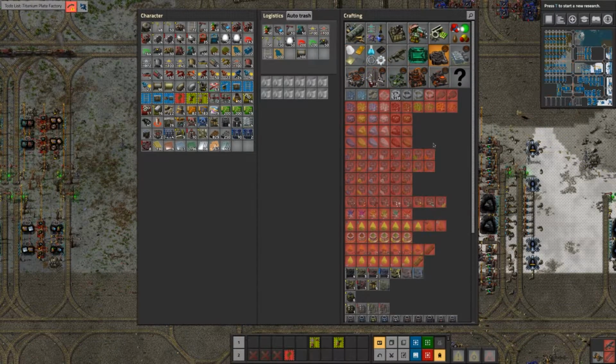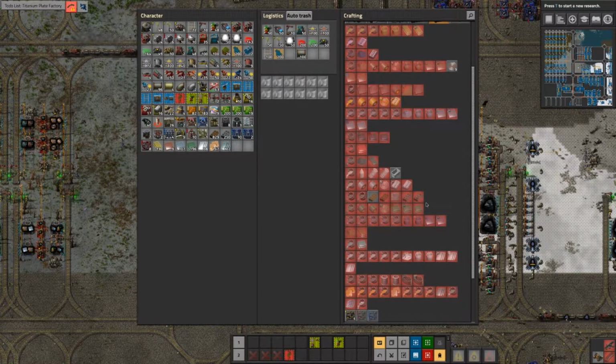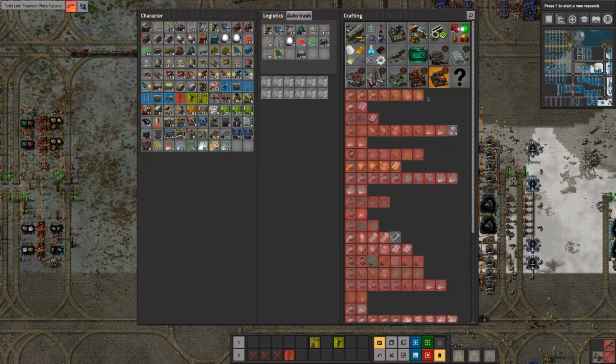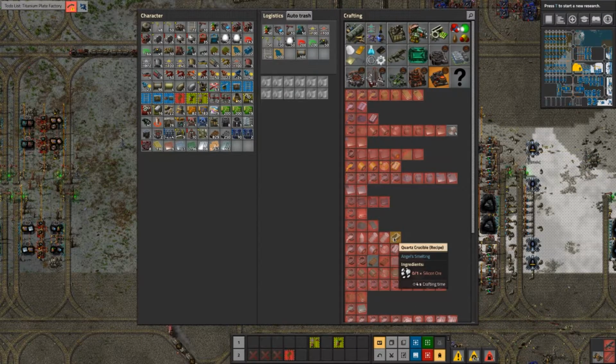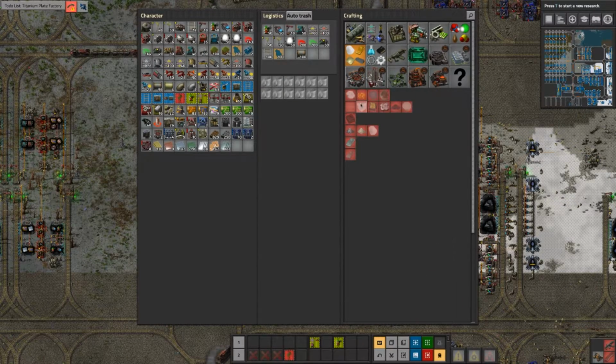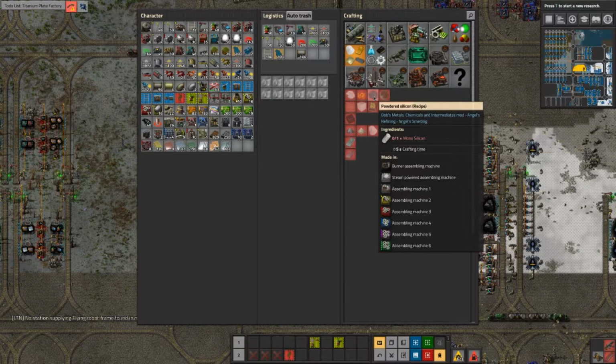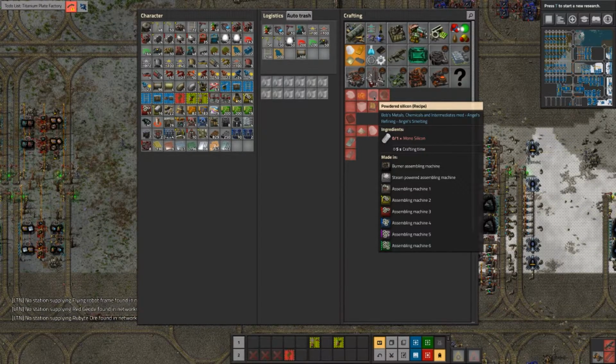Powdered silicon, and powdered silicon is something you get by... Is it in here? I did it once, I know that. Gun cotton. Oh, here, powdered silicon. It's just crushing down monosilicon in a factory, not a crusher.